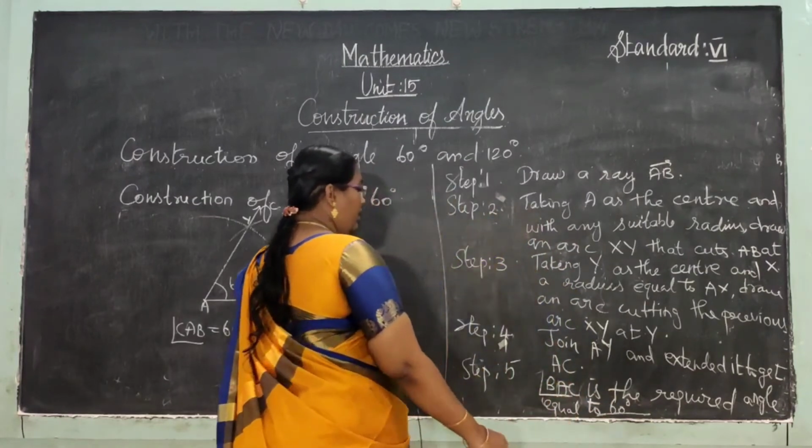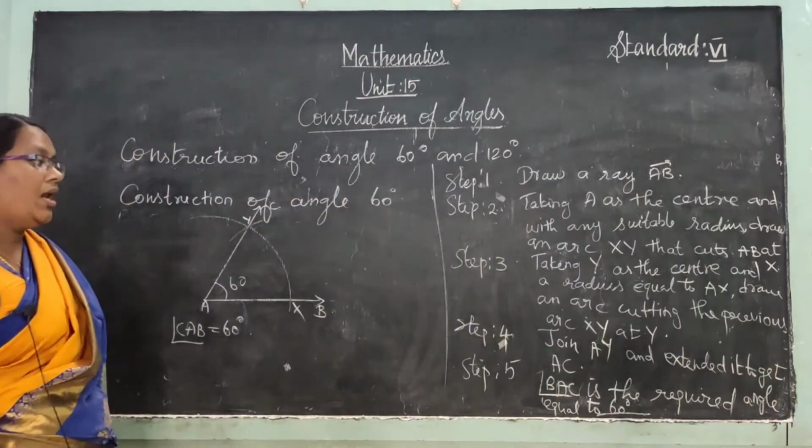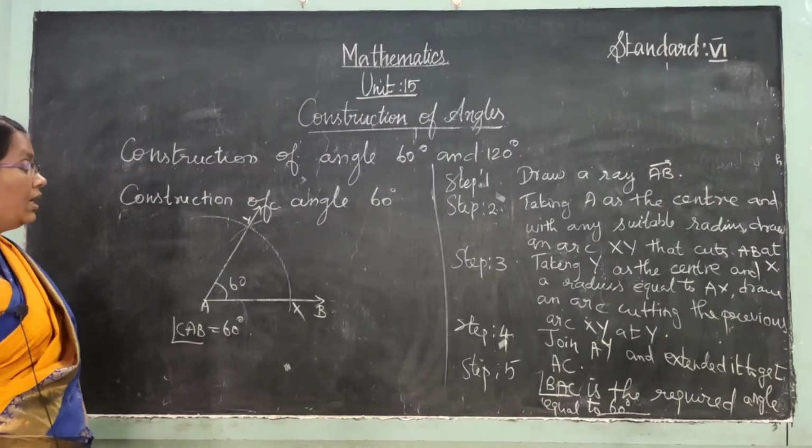That's it. So angle BAC is the required angle equal to 60 degree.